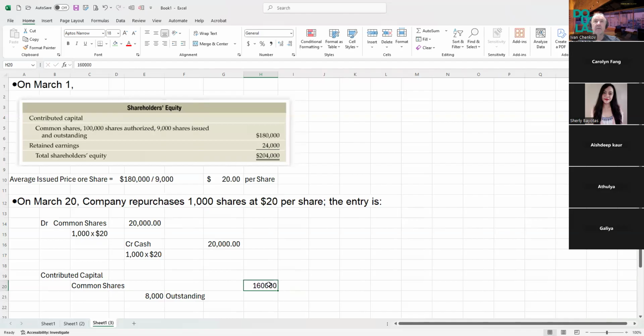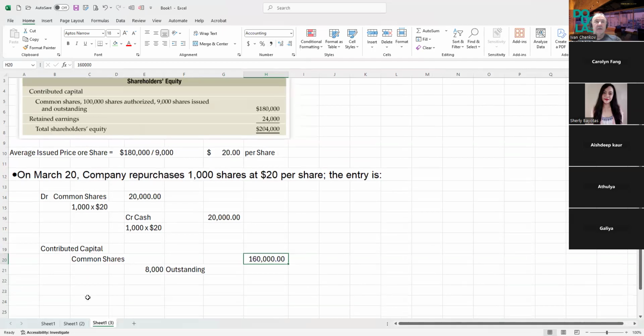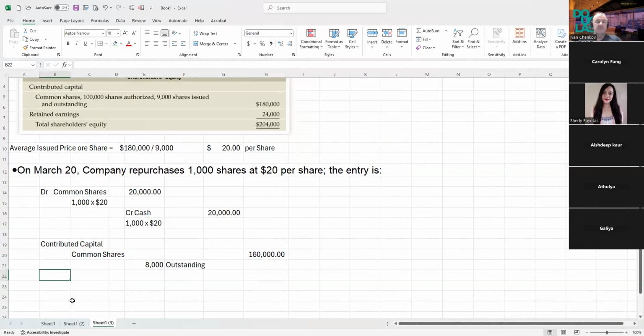Okay. So we have our common shares. What else do we have? Retained earnings. How much are our retained earnings? The same amount. There's no change in the retained earnings, 24,000. How much is our total shareholders' equity now?